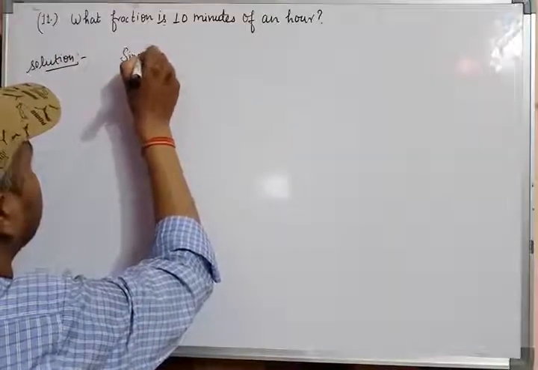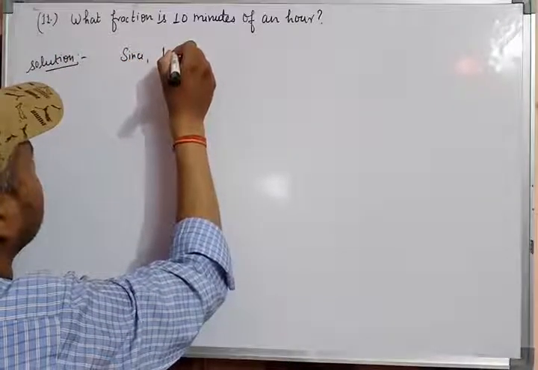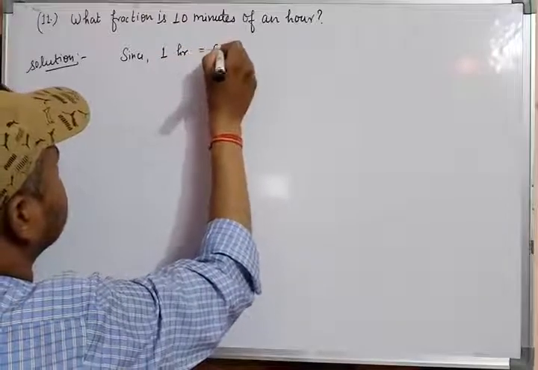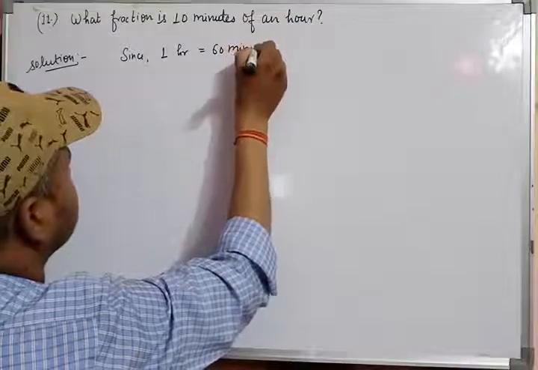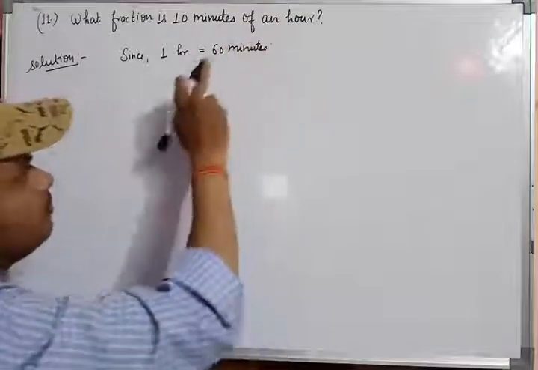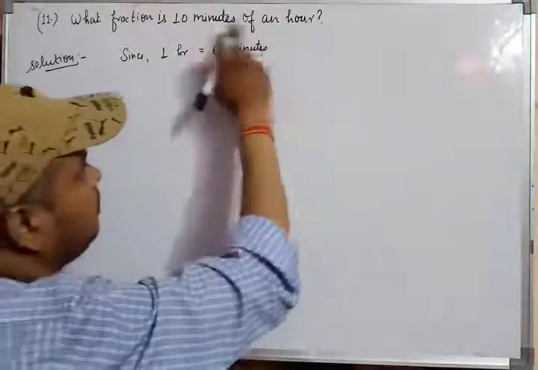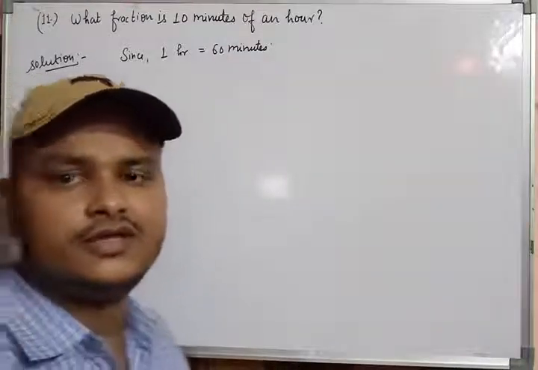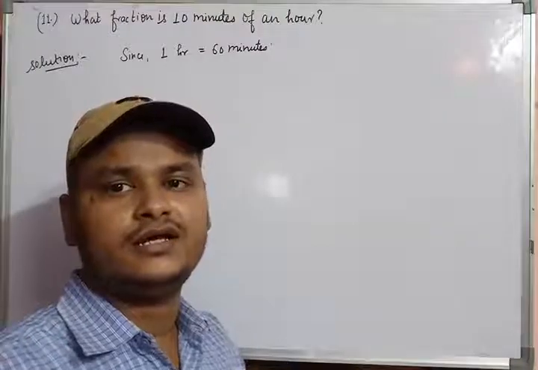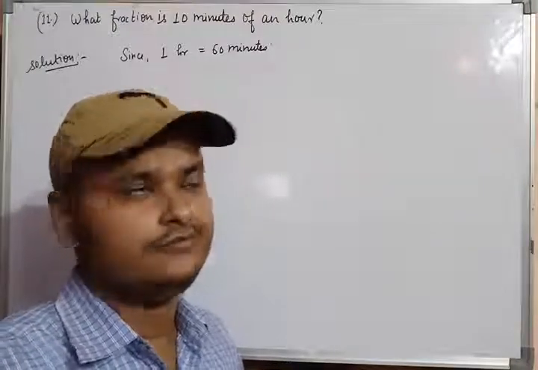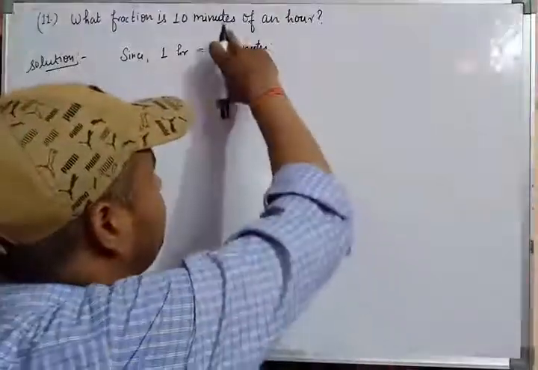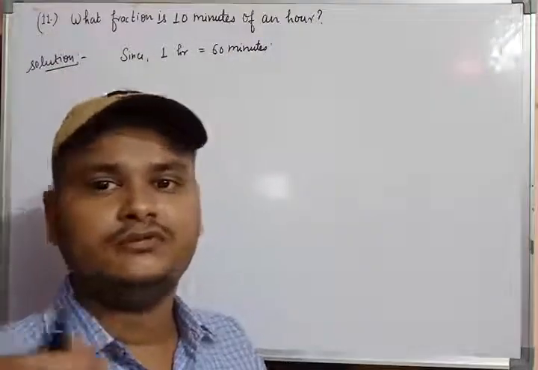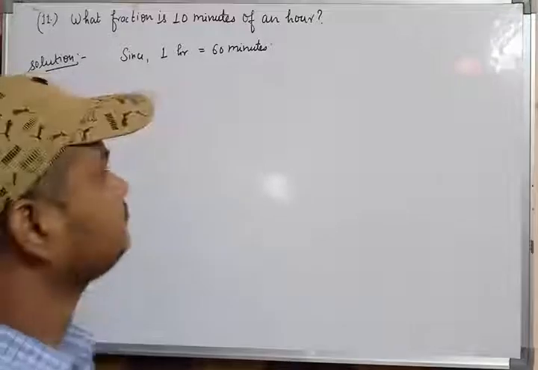since 1 hour is equal to 60 minutes, you have to convert both units to the same. If you want to find the fraction of minutes to hour, then first of all you have to convert both the units to the same.